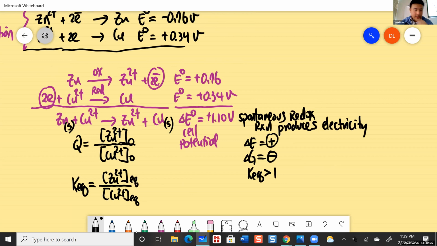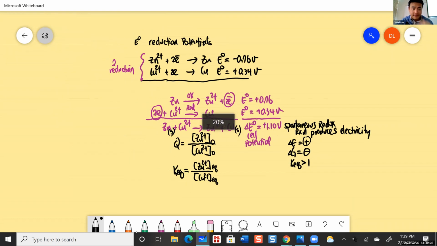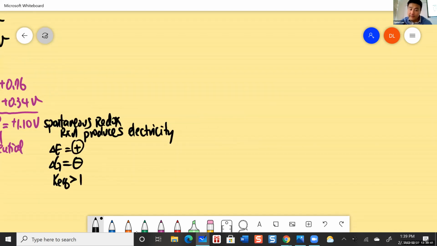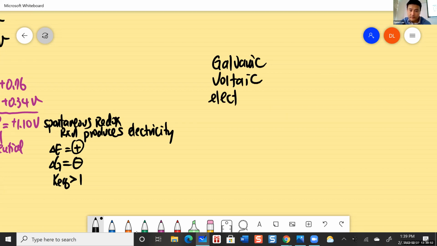So if I want to turn this reaction into a battery, I want you to memorize that such a reaction is called galvanic. A galvanic reaction or galvanic cell is also voltaic, also electrochemical. All these are the same as batteries.